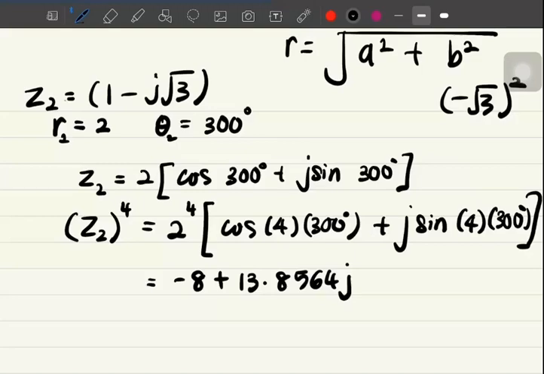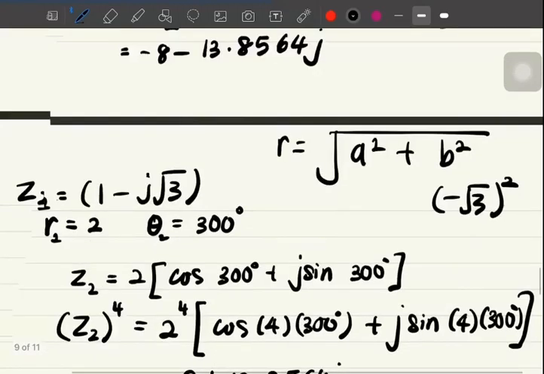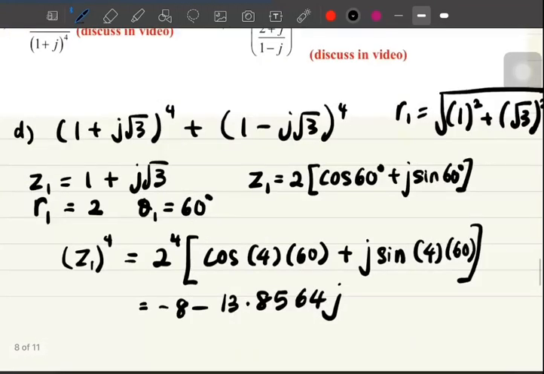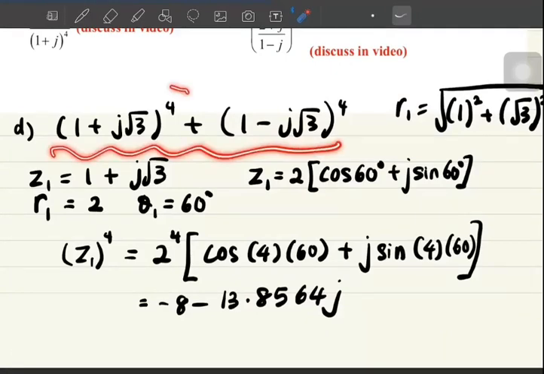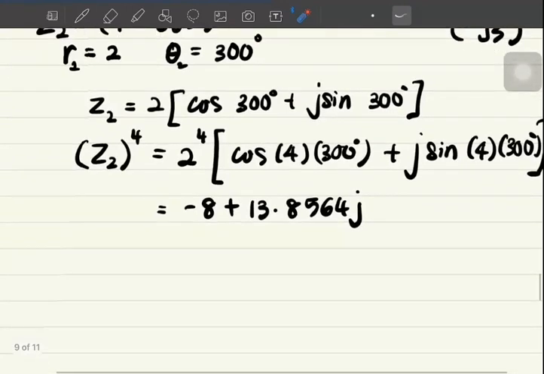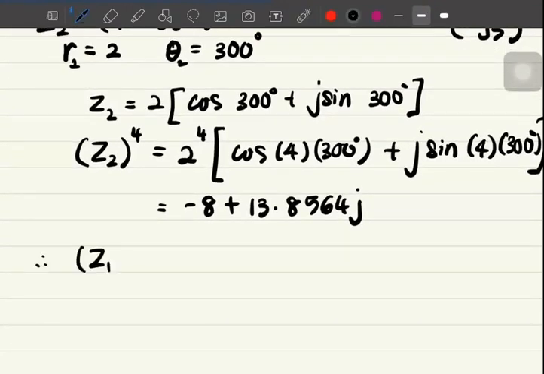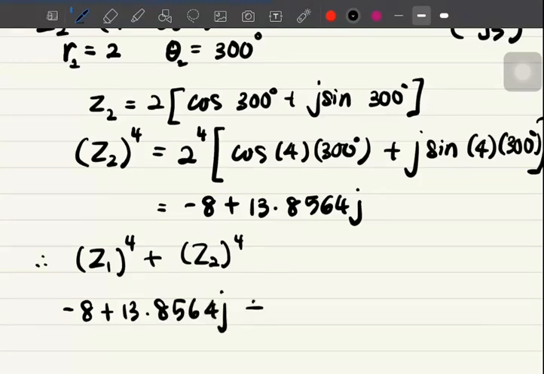Okay. So sekarang ni kita dah dapat cari Z tu kuasa 4 tu. So now you can perform this operation, whereby Z1 kuasa 4 tambah Z2 kuasa 4. So therefore you will have Z1 to the power 4 plus Z2 to the power 4. So Z1 tadi awak dapat negatif 8 tambah, tolak 13.8564 j.